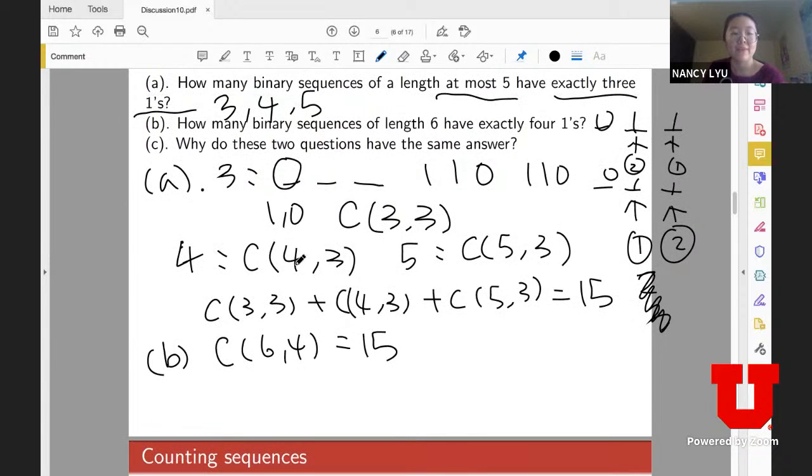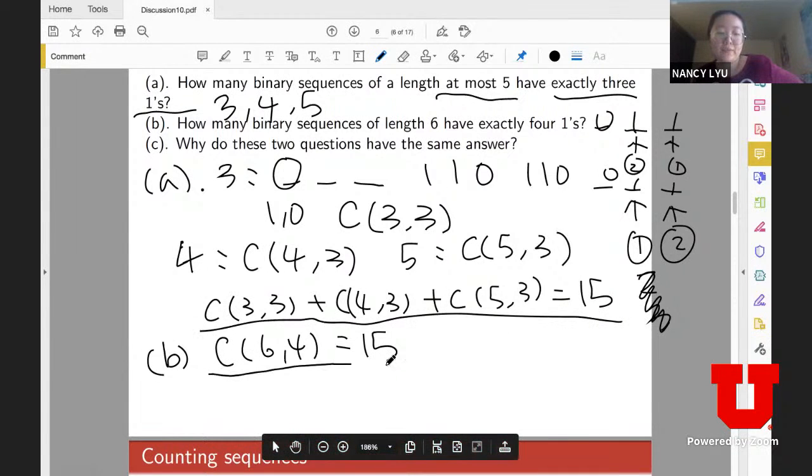Part C asks why do these 2 questions have the same answer? You will notice that C(3,3), C(4,3), and C(5,3) sum to 15, which is the same answer as C(6,4).